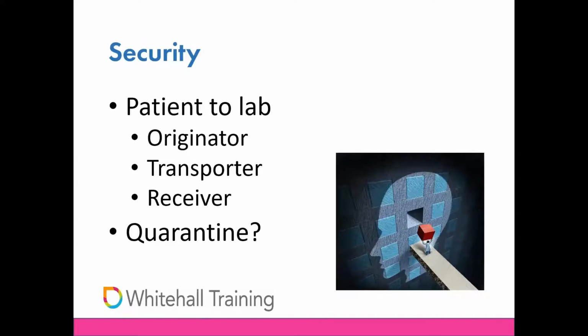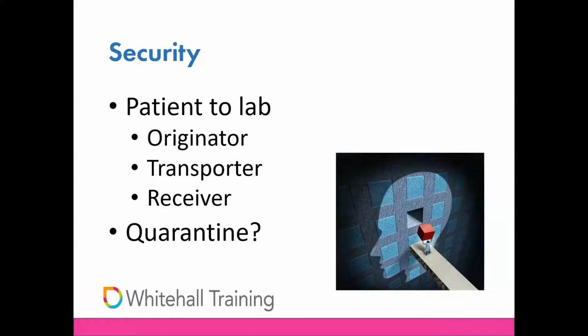Let's look at security. As I said before, those who attended our webinar on good distribution practice heard about the measures that need to be put in place to protect the integrity of medicines throughout the journey, right from manufacturer to patient. In GCLP, there's a similar process, but you're protecting the integrity in the journey from patient to lab.